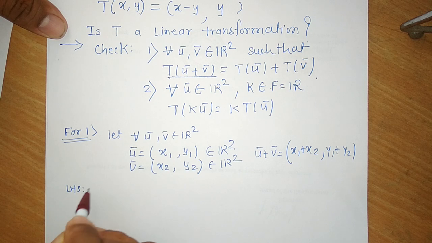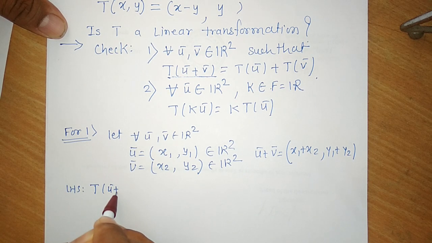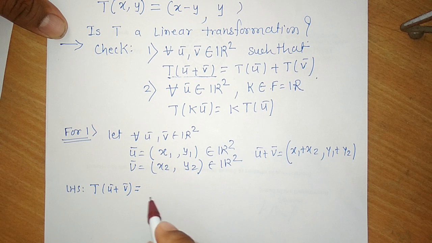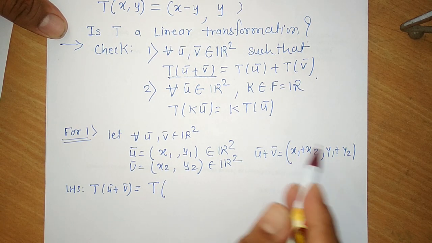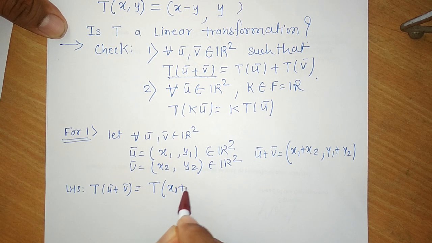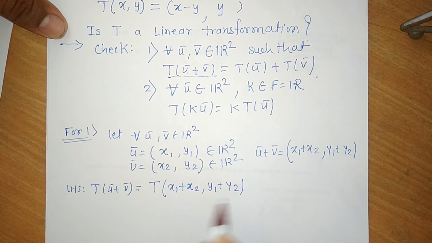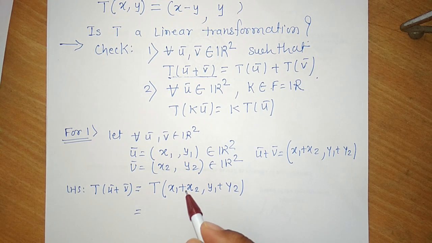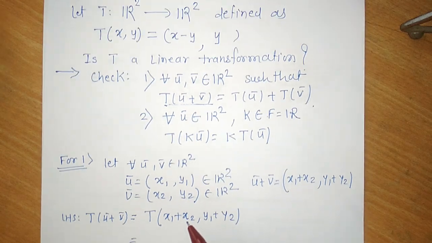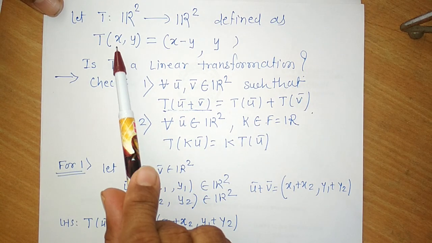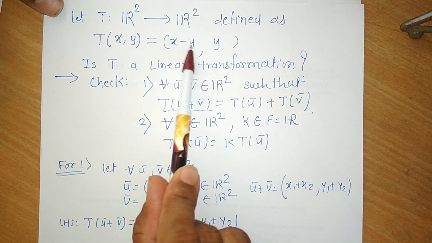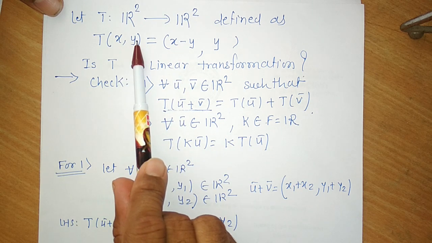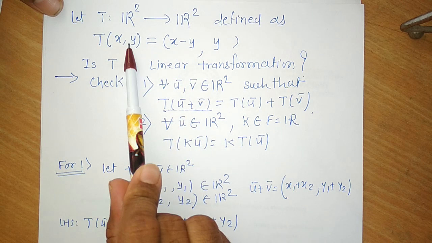Now we find the left side of this condition, that is T of u bar plus v bar. We consider this vector, and now we evaluate its image. The formula is T of xy: the first component is x minus y, the subtraction of the two components, and the second component is as it is.